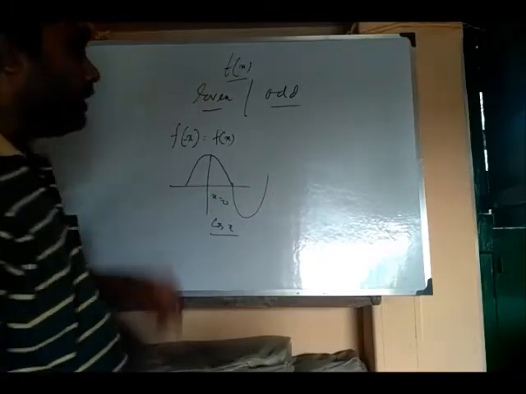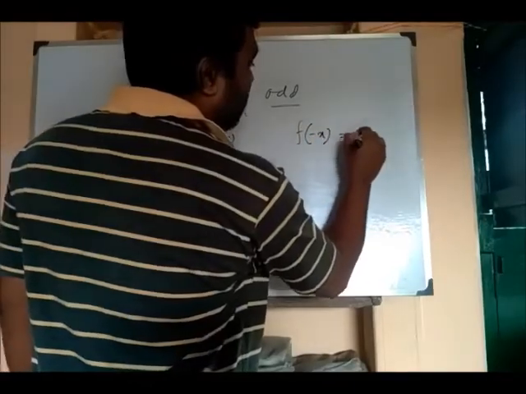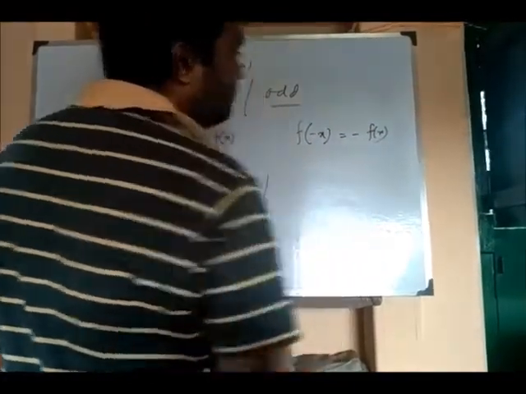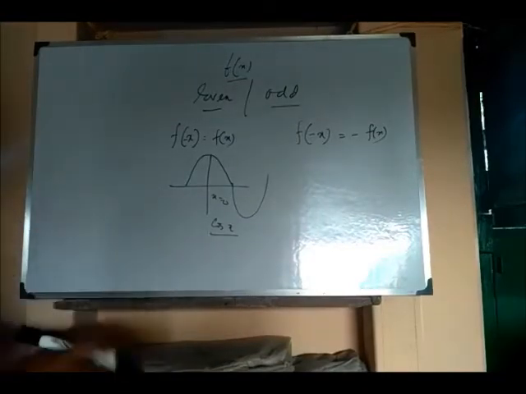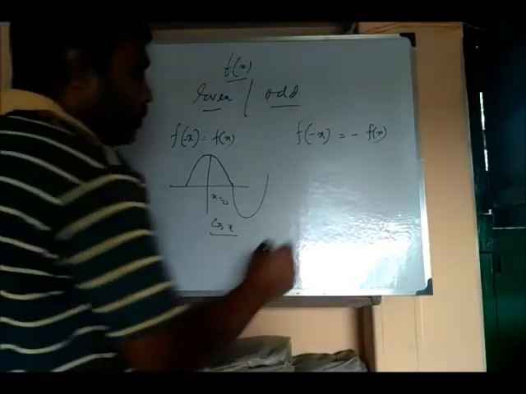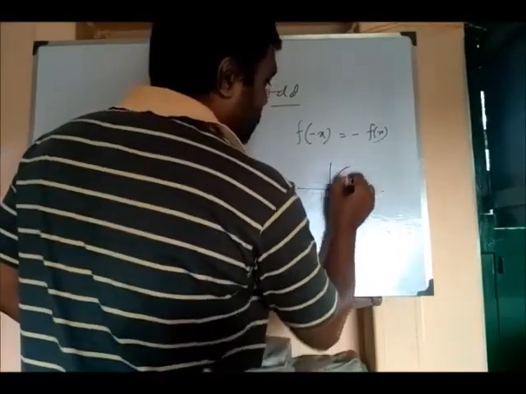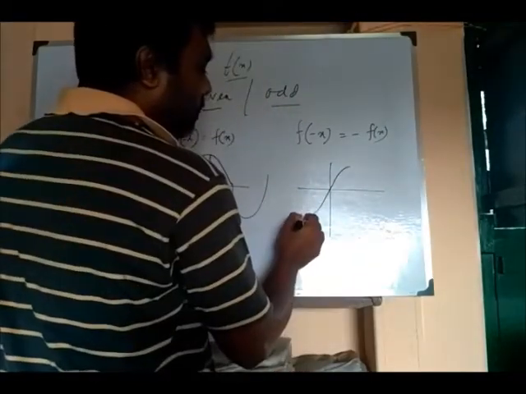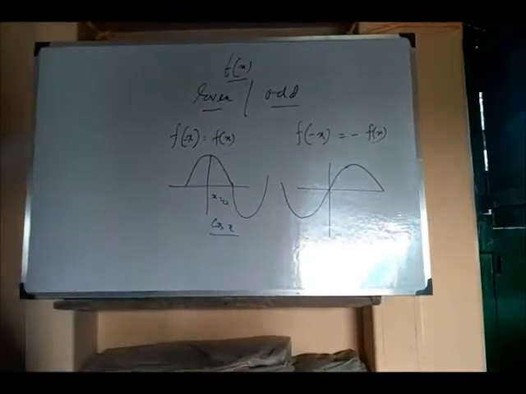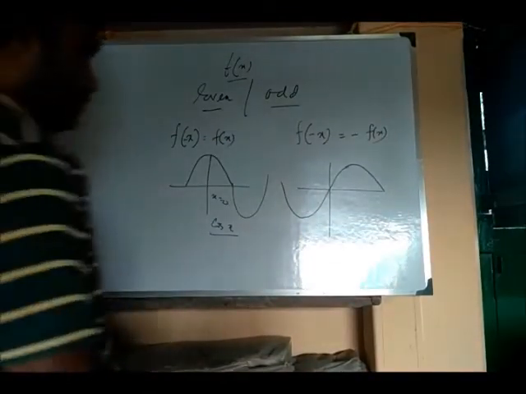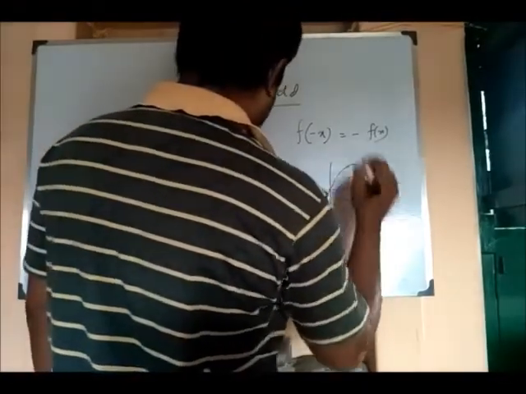Now in the case of an odd function, there is no symmetry, it is minus f(x). It just reverses its direction. So if you choose a sine function, it will give me just this. From minus 5 to plus 5, this is minus 5, this is plus 5.